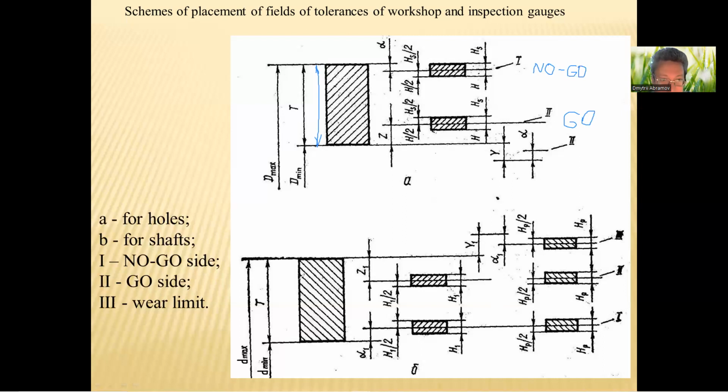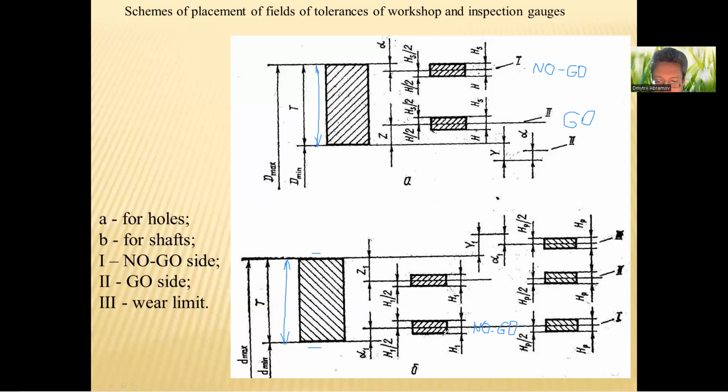For the shaft, tolerance field of the shaft. Upper limit deviation of the shaft, lower limit deviation. It's upper limit deviation, it's lower limit deviation of the shaft. And you can see first, it's no-go side.